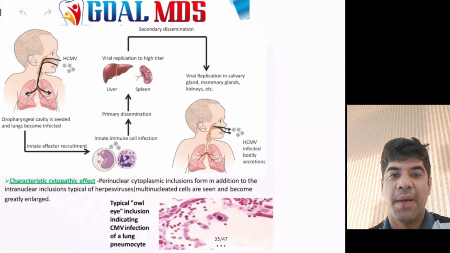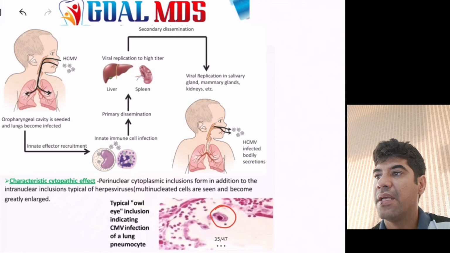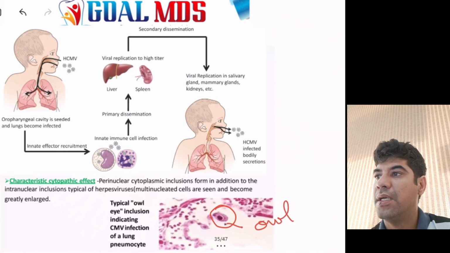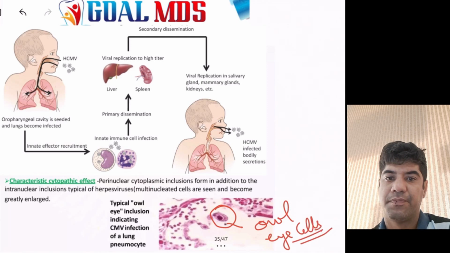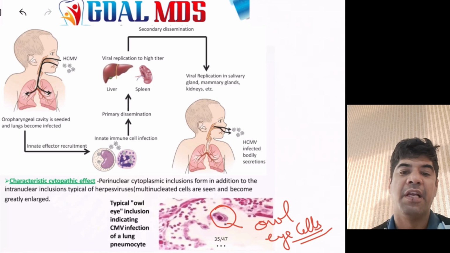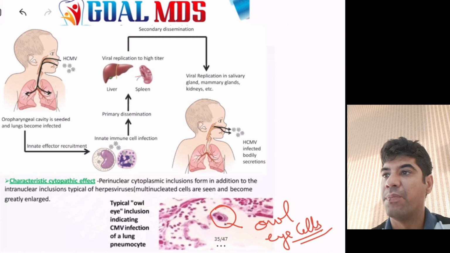Because of their appearance, these enlarged cells are known as owl eye cells. Special staining methods like Grocott-Gomori and PAS stain can help to highlight these inclusions in the cell cytoplasm.